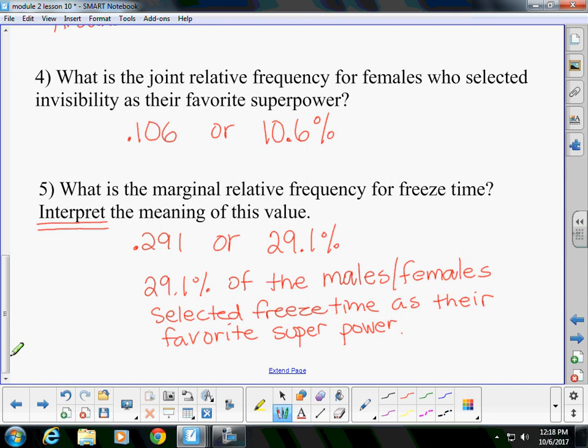If you do not interpret, you do not get full credit. So make sure you're doing what the entire question tells you to do.